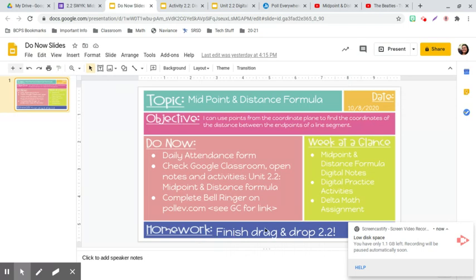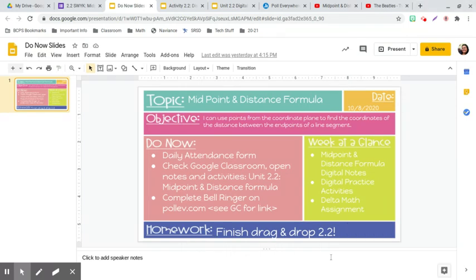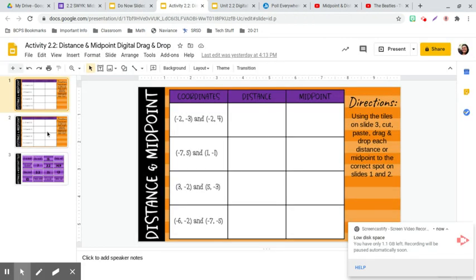If you'll go back to your Do Now slide, you'll see that your homework is to finish your drag and drop 2.2. We'll come over here and look at your drag and drop, which is very similar to your examples. You are going to find the distance and the midpoint for each one of these.